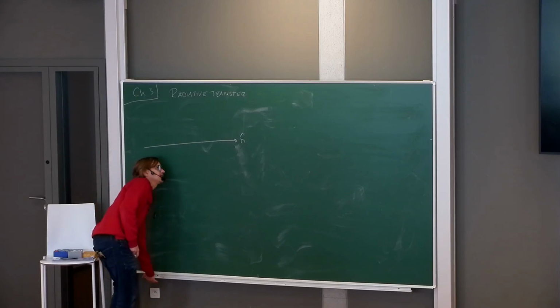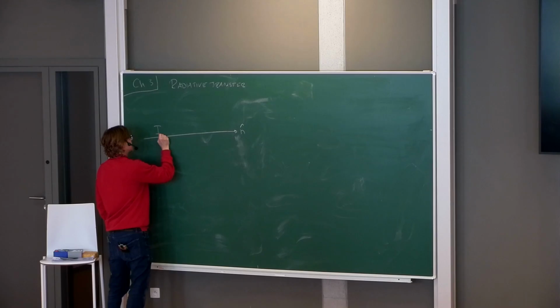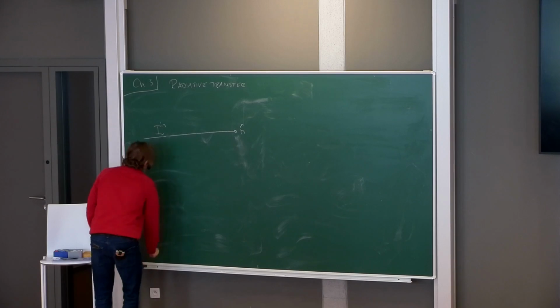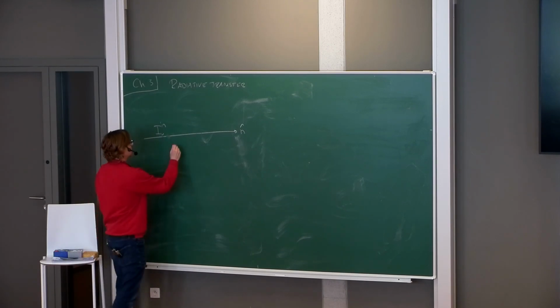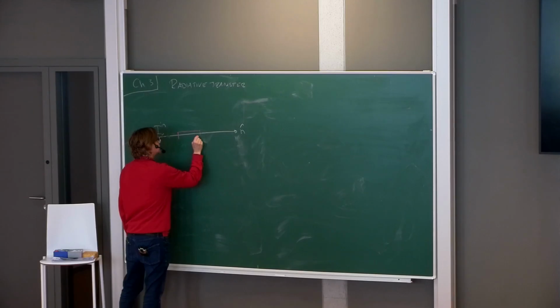So how can we then set this up? Okay, then we're going to have some specific intensity going into some parts of this beam, okay? So we're going to cut out a little part here.